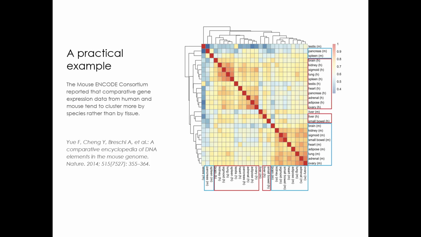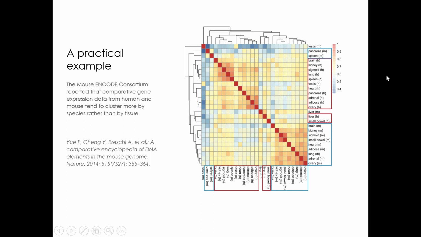The question is interesting: when you compare gene expression patterns in a number of human tissues and a number of mouse tissues, would the same tissue, say mouse liver and human liver, be closer together than tissues in the same animal?